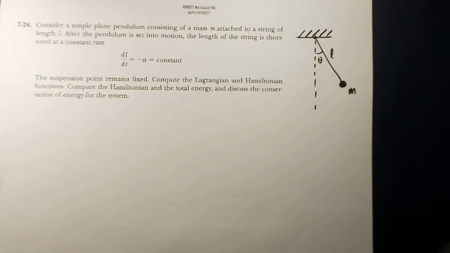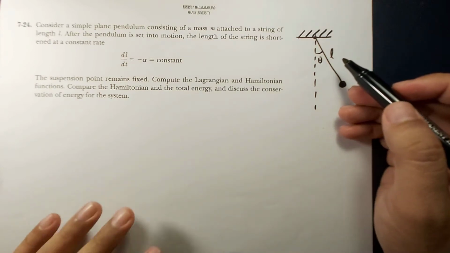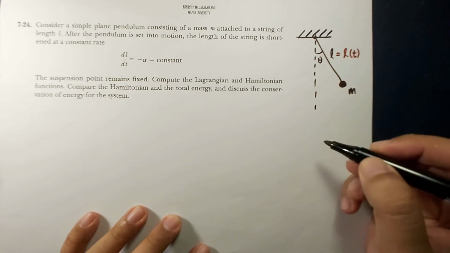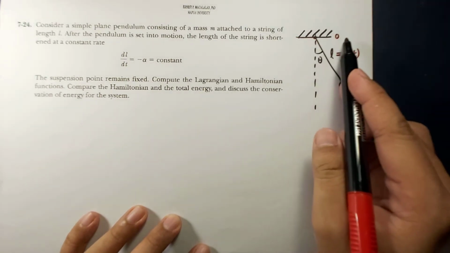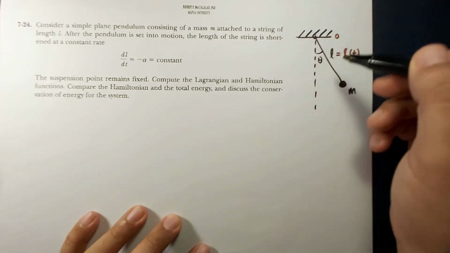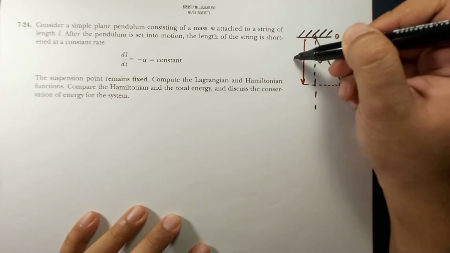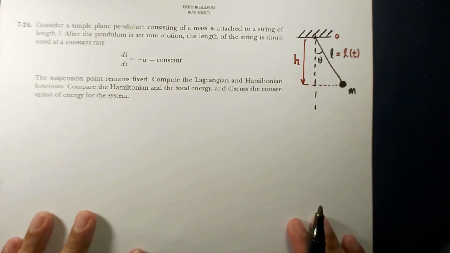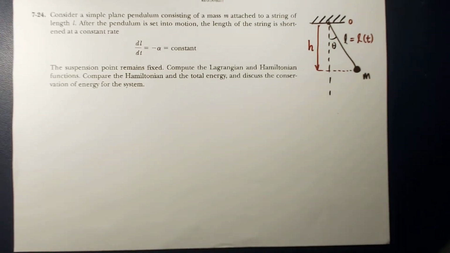Notice that it's mentioned here that the length of the pendulum is actually a function of time. If we set this as our reference height, this will be our h.